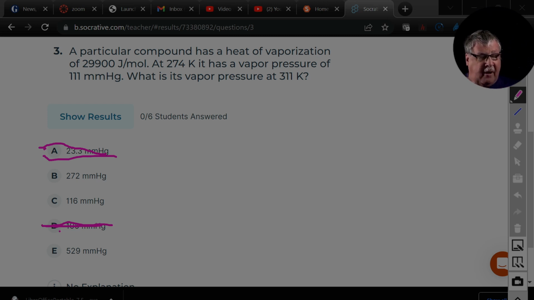I would say there's the third one as well, because if a heat of vaporization is around 30 kilojoules per mole, every 10 degrees you raise the temperature is going to cause the vapor pressure to go up by a factor of about 0.7 or so. Right? So roughly every 15 degrees, you would expect the vapor pressure to double. And here we're talking about raising the temperature almost 40 degrees. And so that eliminates that choice as well.